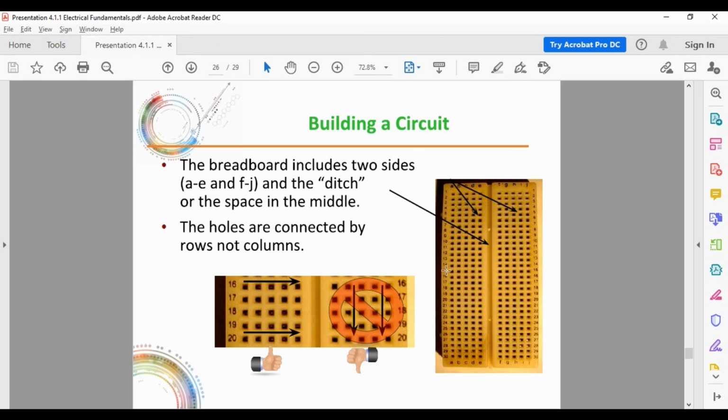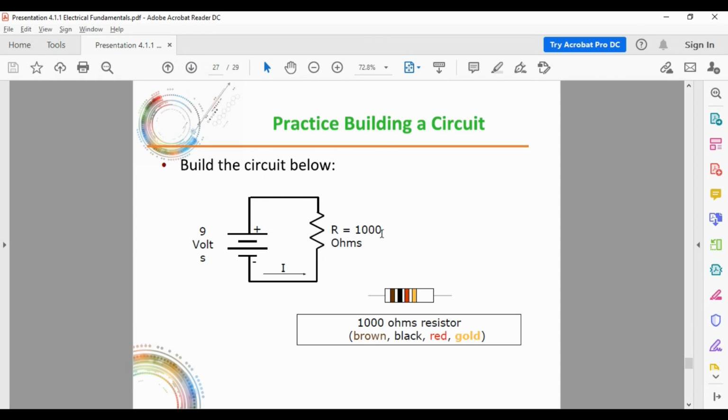If you can see over here, there's numbers down the left and right hand side, and it's the rows that make the connection. If you use the columns, A through E, to make certain connections, then what you're making is cross connections, which you really have to understand what you're doing.